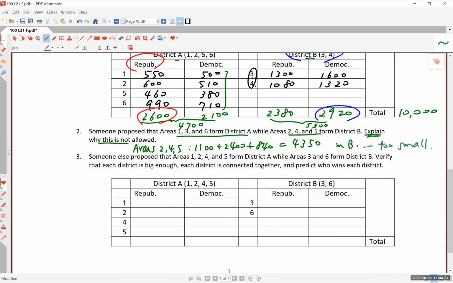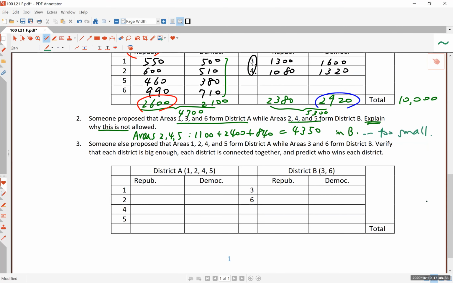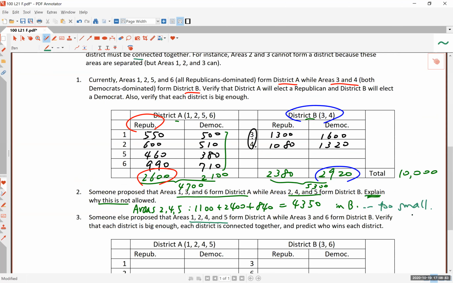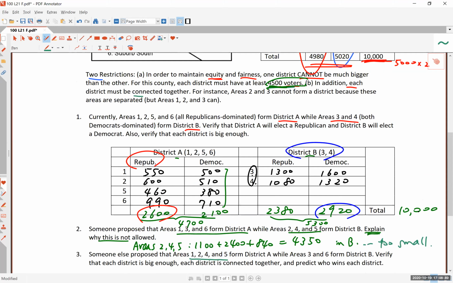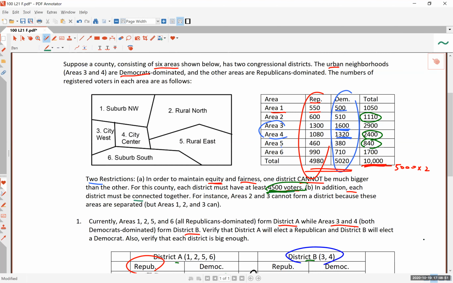Okay. All right, number 3. Someone else proposed that areas 1, 2, 4, and 5 form District A, and 3 and 6 form District B. Verify that each district is big enough, and of course each district has to be connected, and see what happens to the winners. In this case you are asked to do this with 1, 2, 4, and 5.